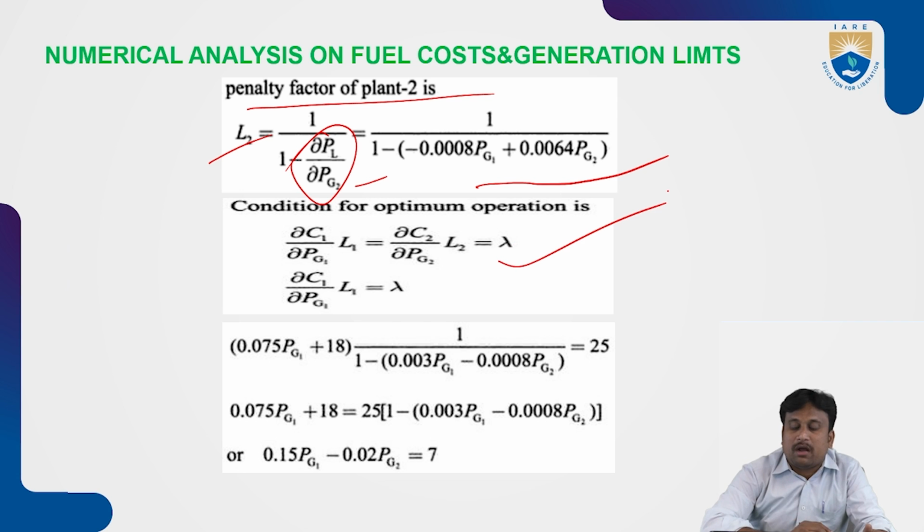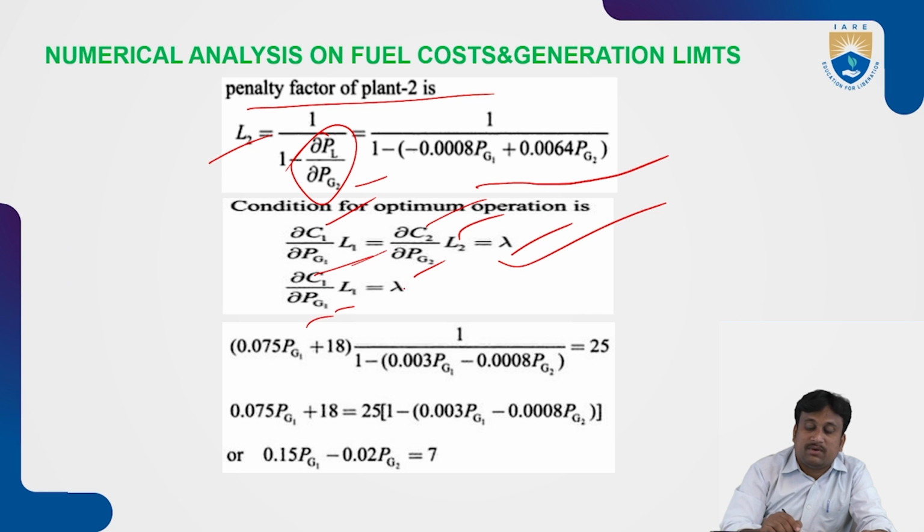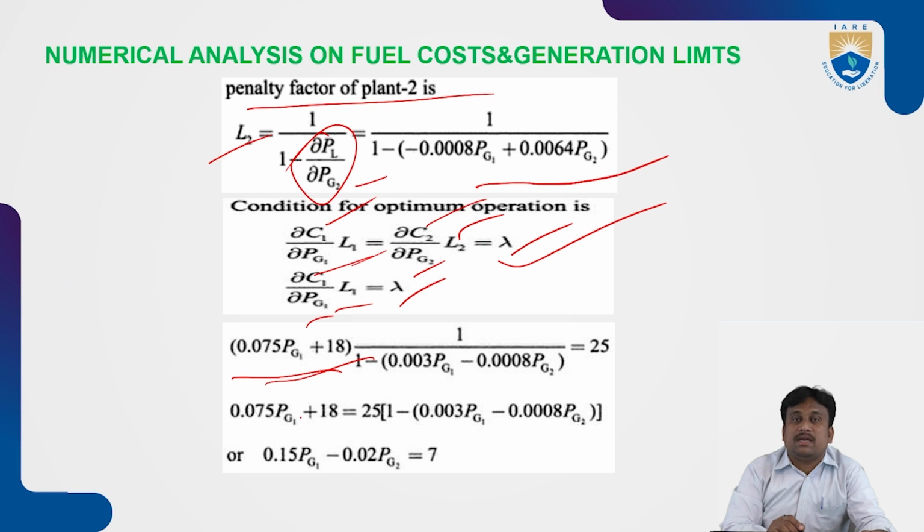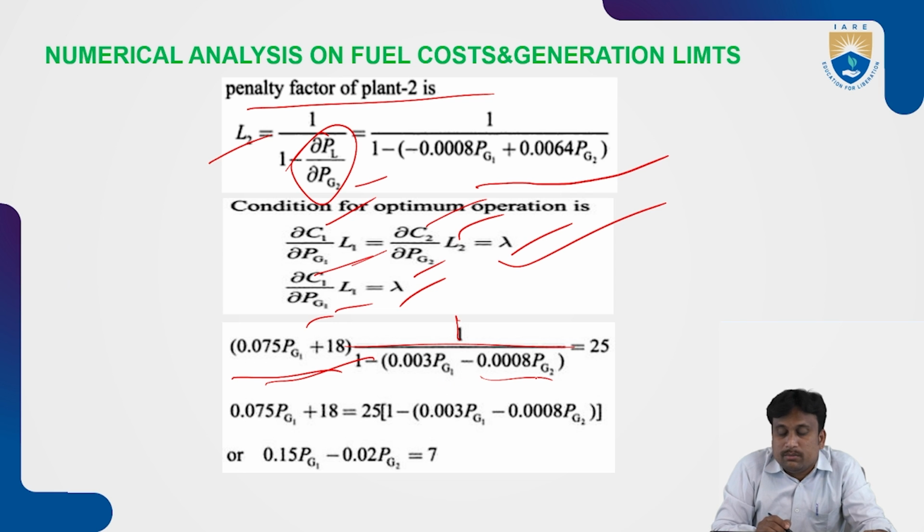Now the condition for optimum generation is dou C1 by dou Pg1 times L1 equals dou C2 by dou Pg2 times L2 equals lambda. So dou C1 by dou Pg1 times L1 is lambda. Substituting these conditions here, 0.075 Pg1 plus 18 into 1 by 1 minus 0.003 Pg1 minus 0.0008 Pg2, which equals 25.